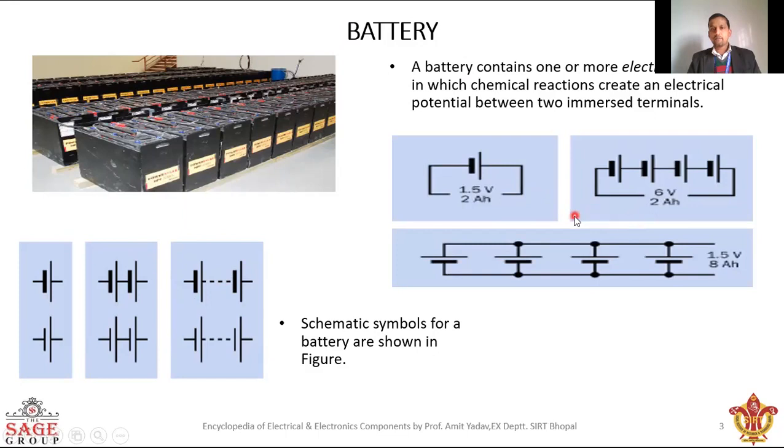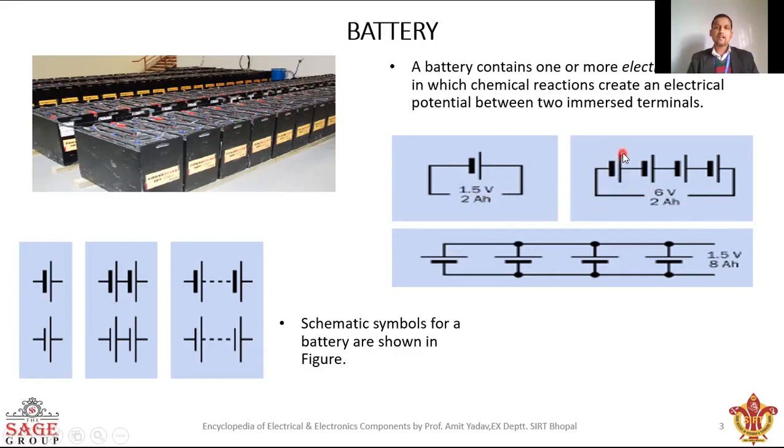And in this diagram, you can see the first block shows a single cell. In a single cell, we are getting an output of 1.5 volt, and its battery capacity is 2 ampere hour. But if you have to connect the cells in series, how will you do that? For connecting these batteries in series, we use this schematic diagram.